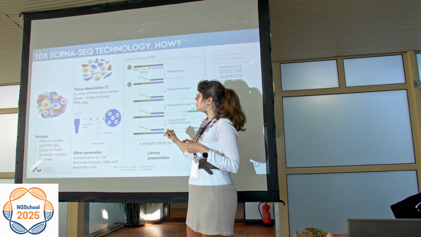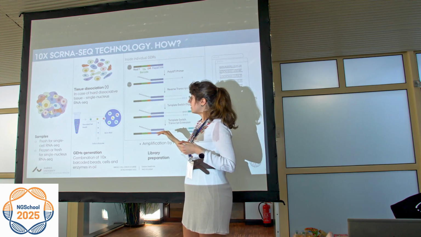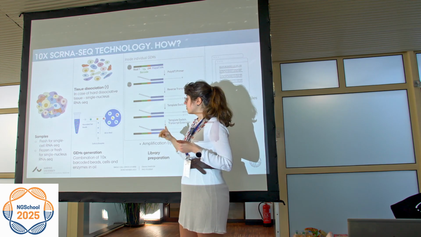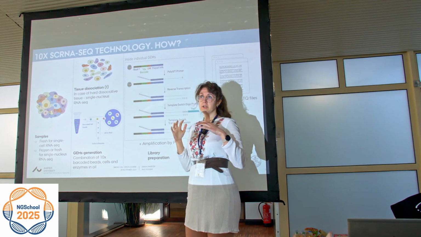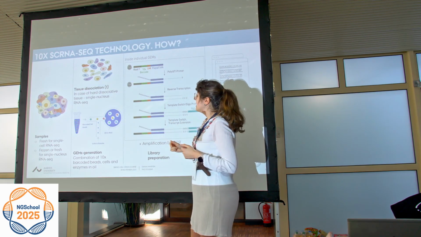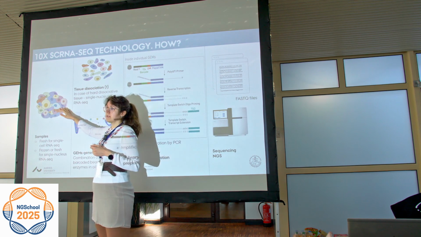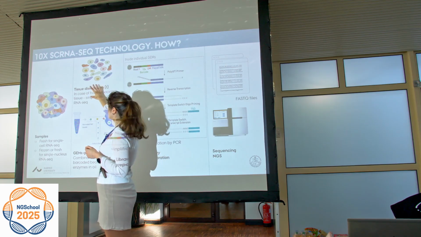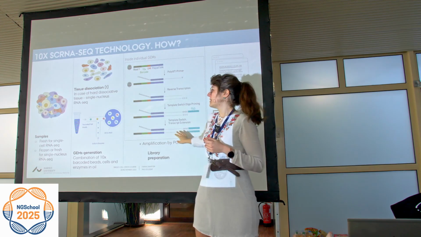And actually, the combinatorial way to do single-cell RNA sequencing allows you to use paraffin-embedded tissue, which is super cool because there are a lot of archives. But anyway, you work with tissue, and tissue contains cells that are embedded in a cellular matrix, so you need to dissolve the tissue.